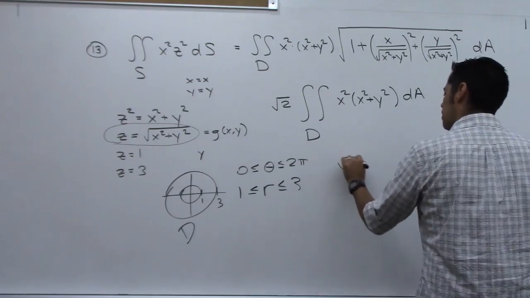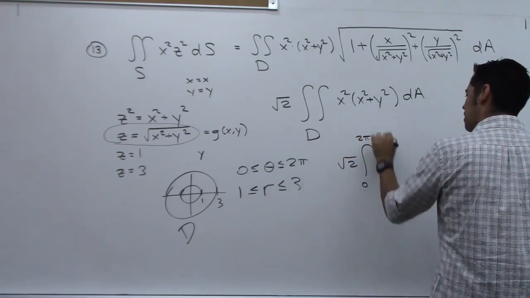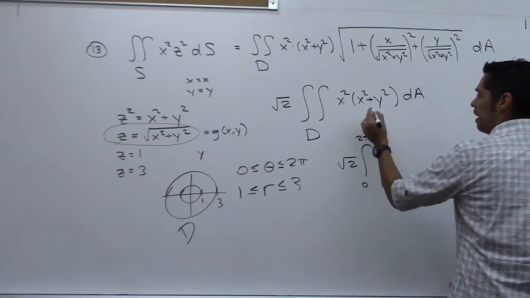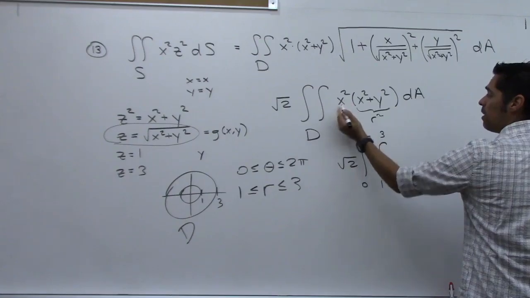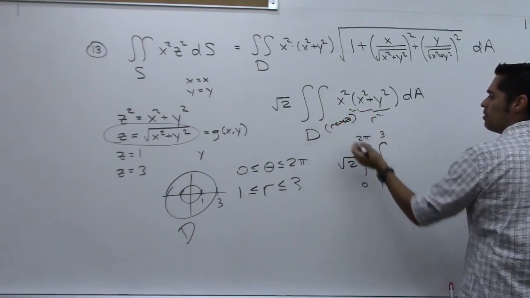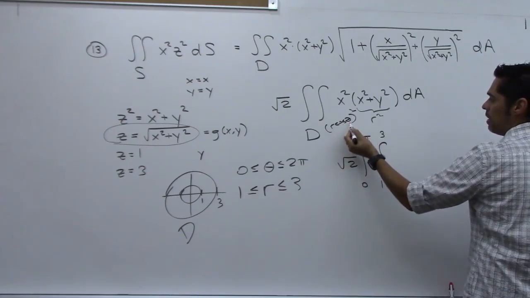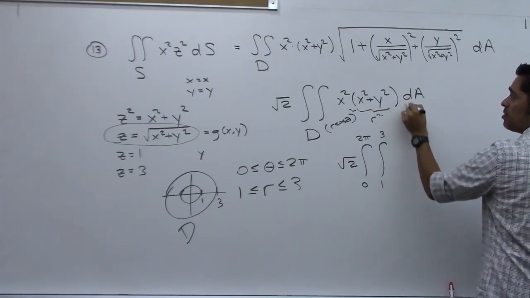And so this becomes root 2, integral 0 to 2 pi, integral 1 to 3. Okay, x squared plus y squared in polar is r squared. And x squared is r cosine theta squared, which becomes r squared cosine squared theta, times r squared, times an r that we have to insert because of polar.